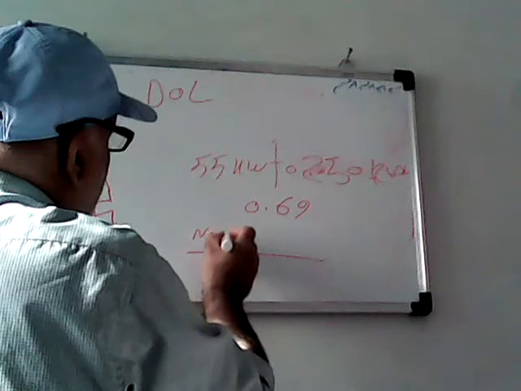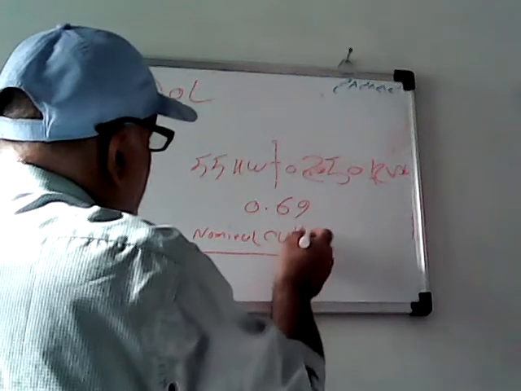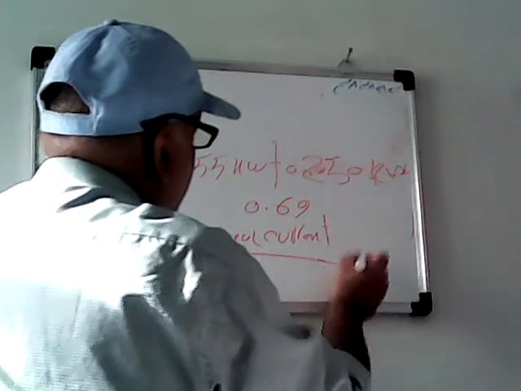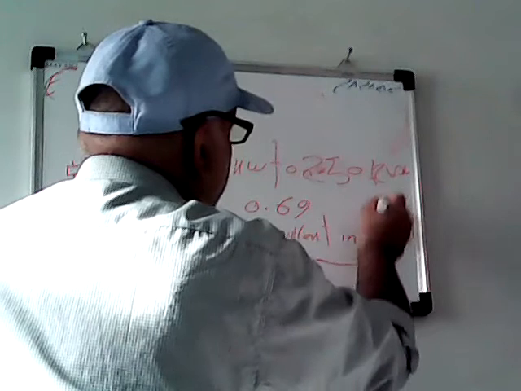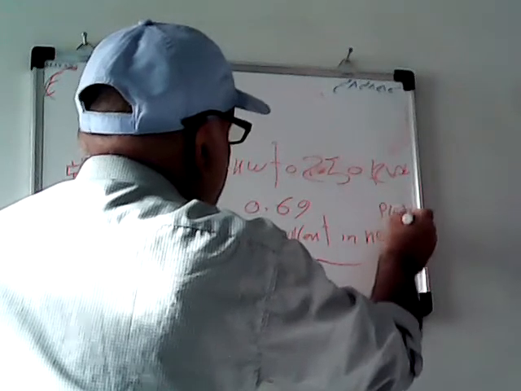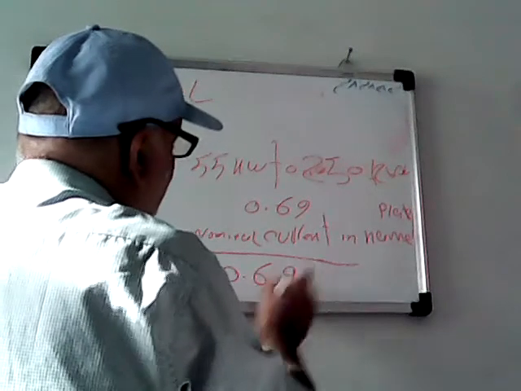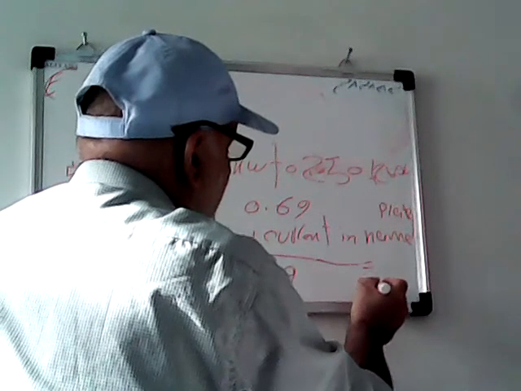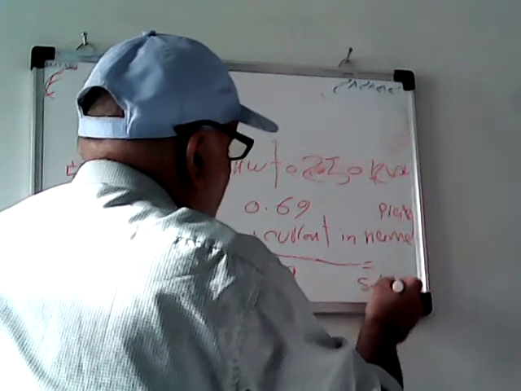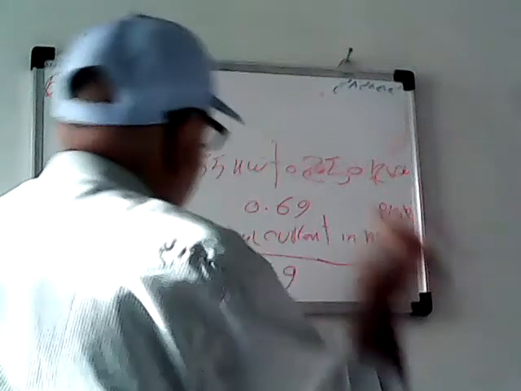Nominal current in the nameplate of the electromotor divided by 0.69, you find and select the fuse rate.